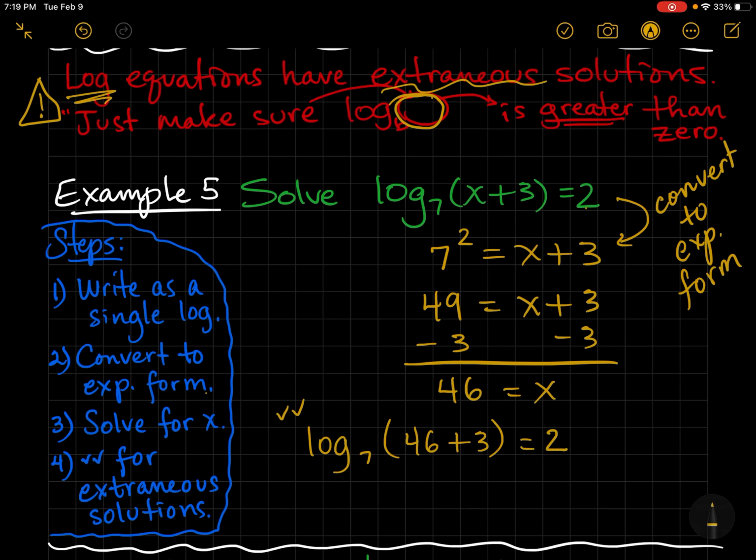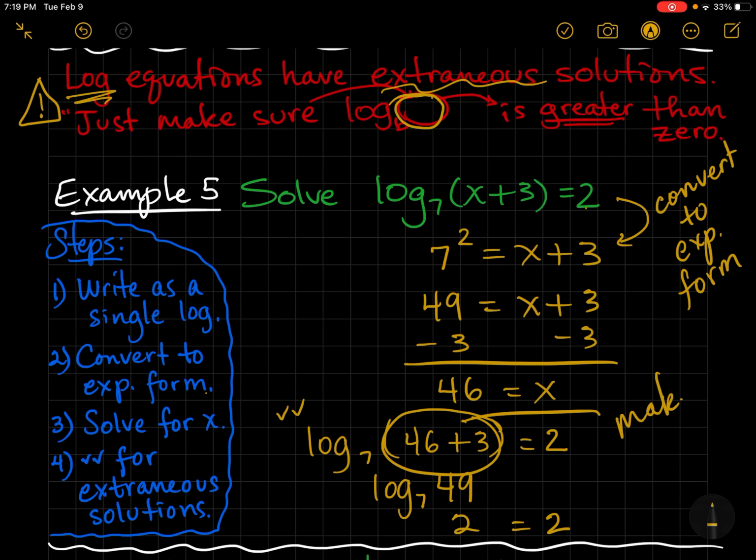And already I know that this is a good solution because this number is greater than 0. But you can go ahead and check it all the way. 7 to what power is 49? 2. And I can see 2 equals 2. Just check. Make sure this is positive.